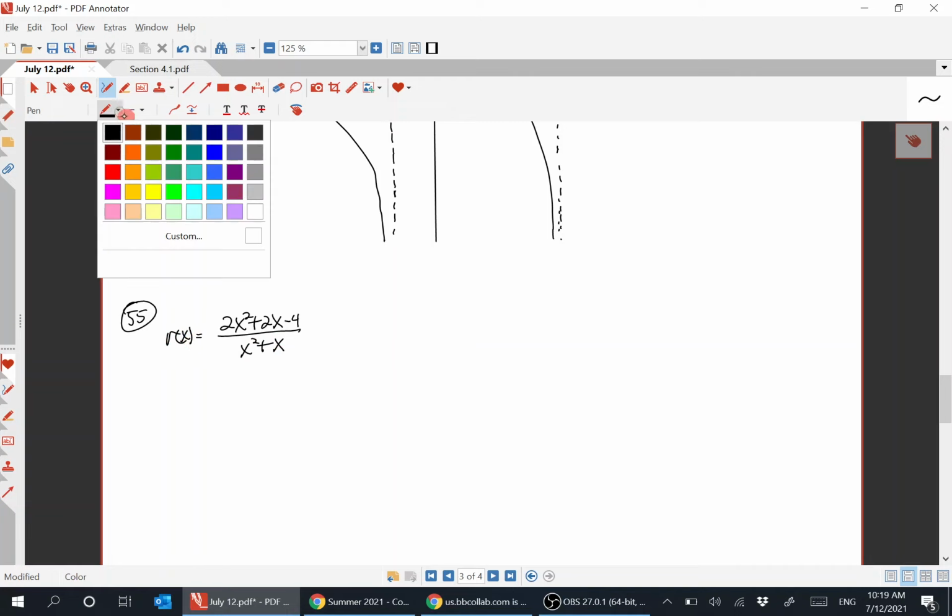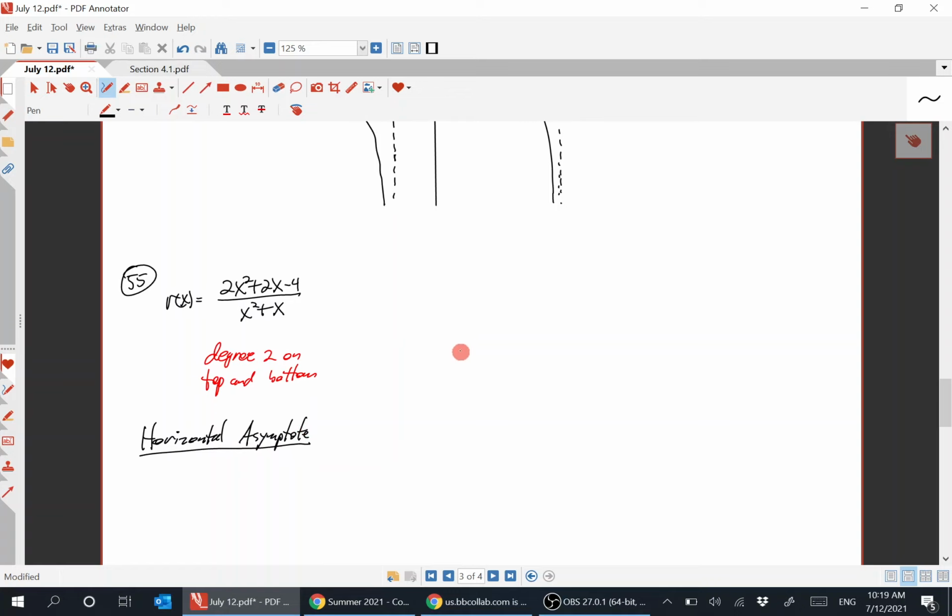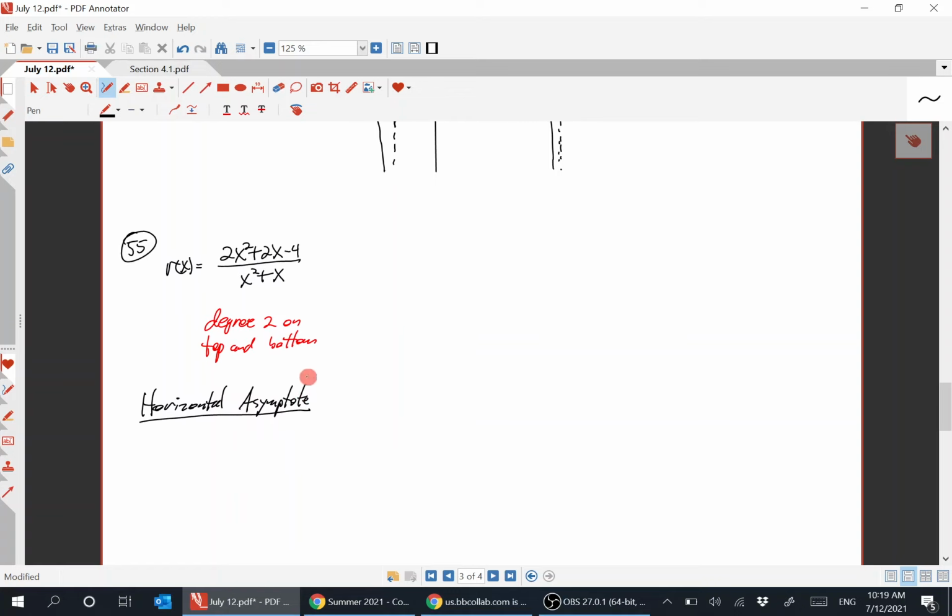So we've got degree 2 on the top and the bottom. That tells us that our horizontal asymptote occurs at y equal to, now you look at the highest power of x on the top and the bottom.